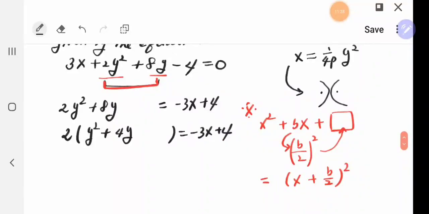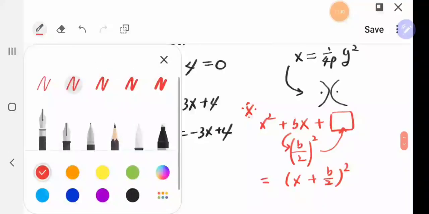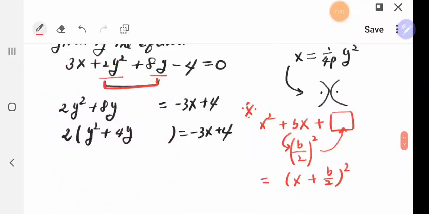From this, let's add something and subtract something inside the parentheses. I want to make y squared plus 4y plus something a square. So divide 4 by 2, squared, which is 2 squared. So we can add 2 squared, and since we added something, we have to subtract the same number.